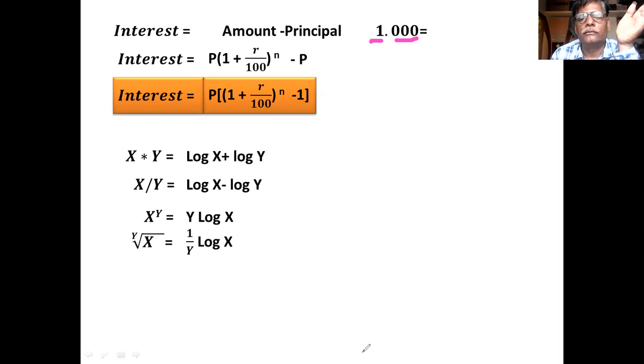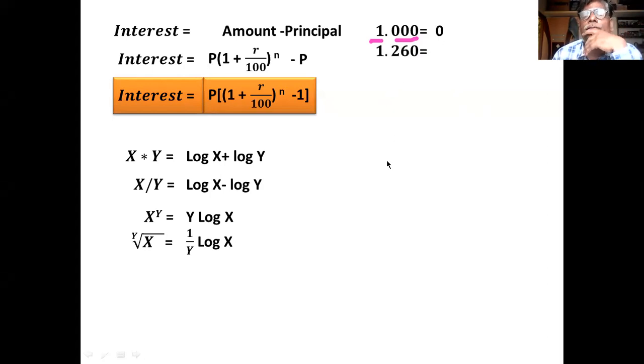So you count the digits, and from that you deduct one. One is there. If you deduct one, the answer is 0. Therefore, the characteristic of this number is 0.